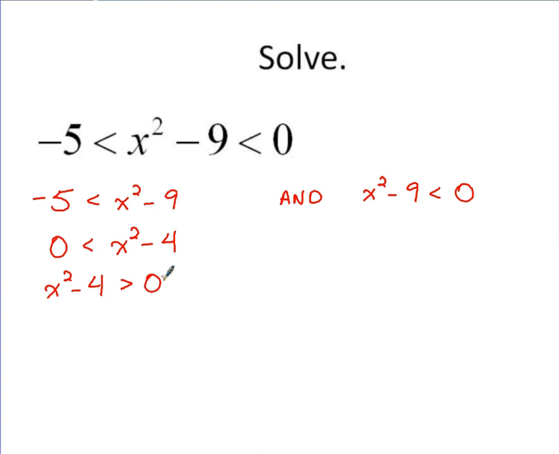If I factor that out, I've got x minus 2 and x plus 2 because it's a difference of squares. Meaning my critical values for what x could be: from the first factor of x minus 2, x would be 2. From the second factor of x plus 2, x would be negative 2.